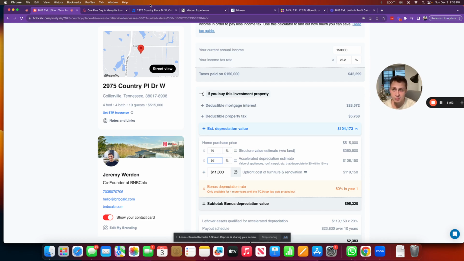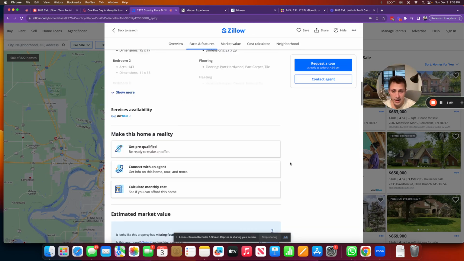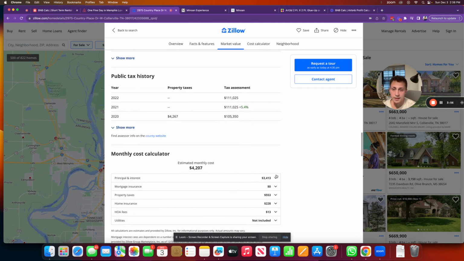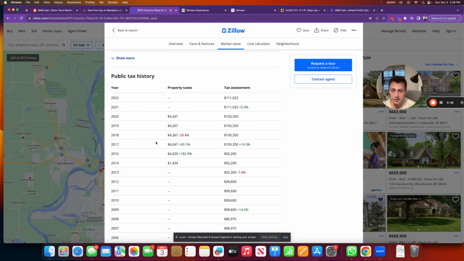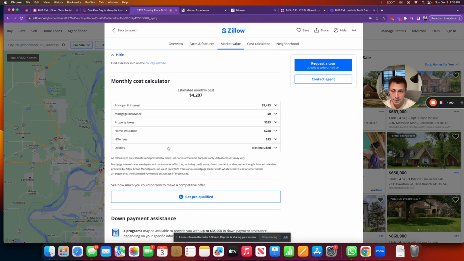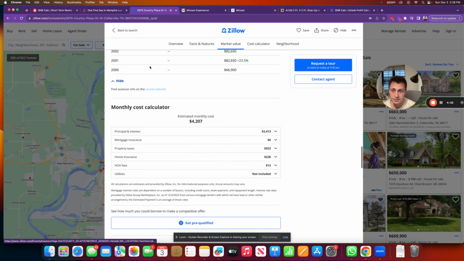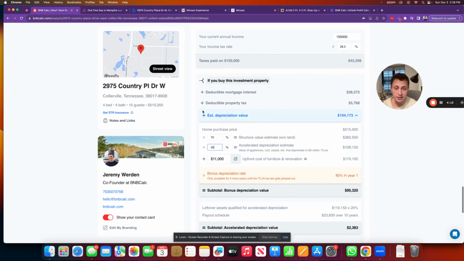Just to show you guys context on how you could do that, you can go to the county website and find where they come up with the land tax value and the structure tax value. But let's go back here.